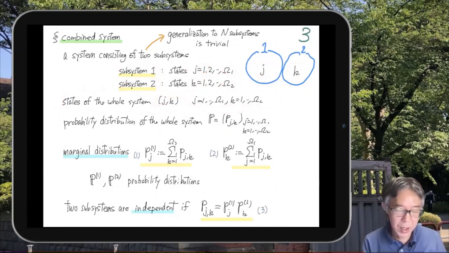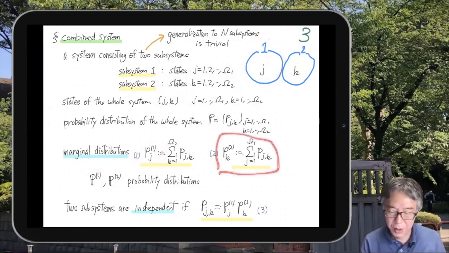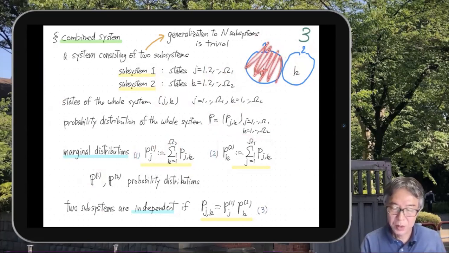And then consider a probability distribution in this combined system, which is written like this. And then we have the notion of the marginal distributions corresponding to this. Simply, if you're given this, you just sum over k. This means that you don't look at subsystem 2, and then you get this quantity, which can be regarded as a probability distribution for system 1. And similarly here, you just sum over j to get a probability distribution for system 2.